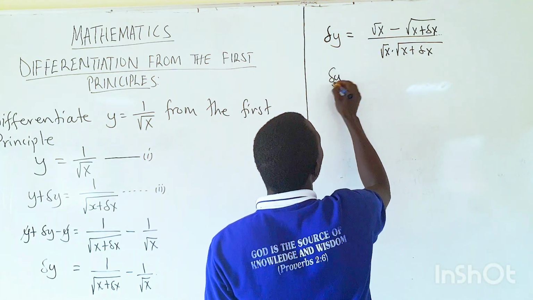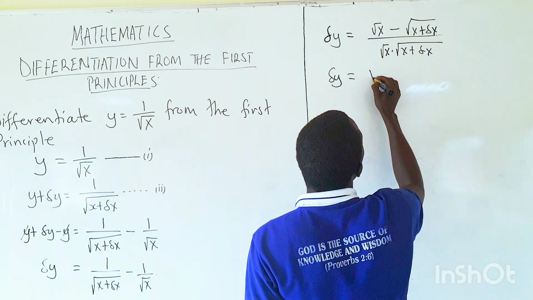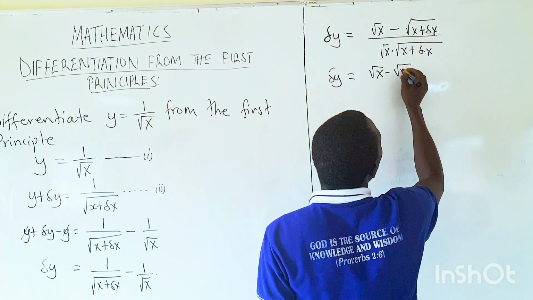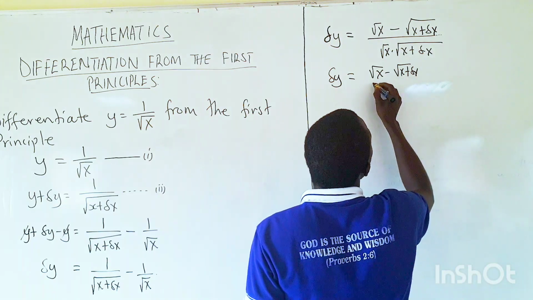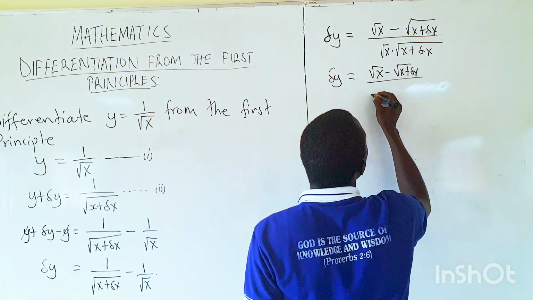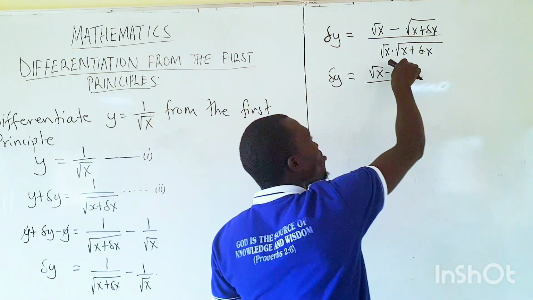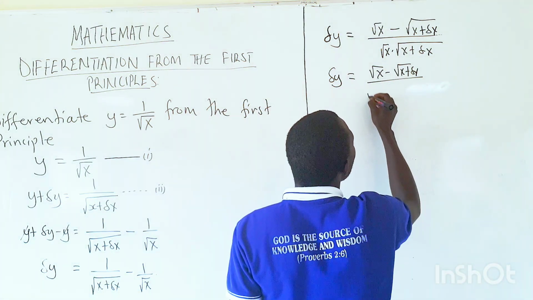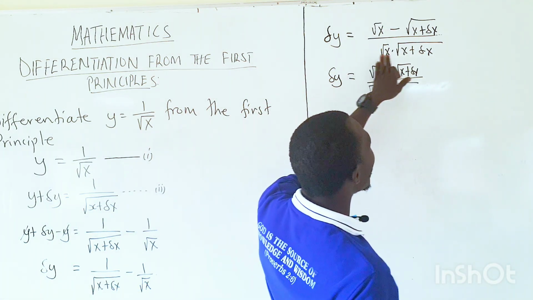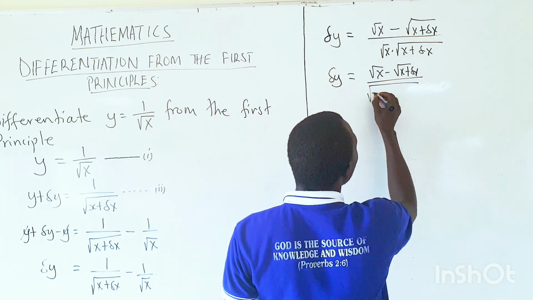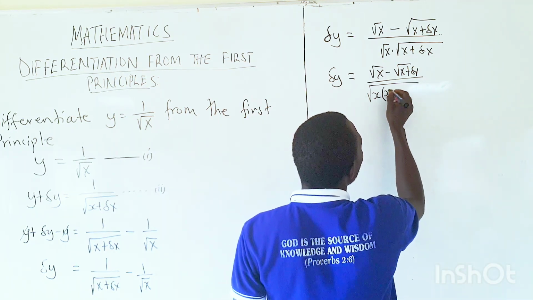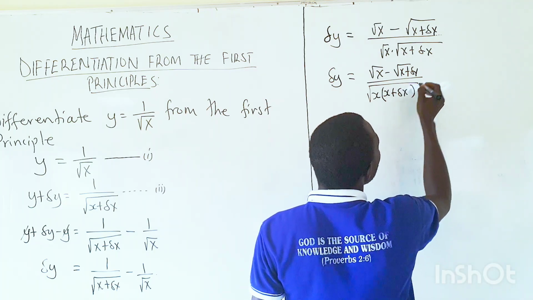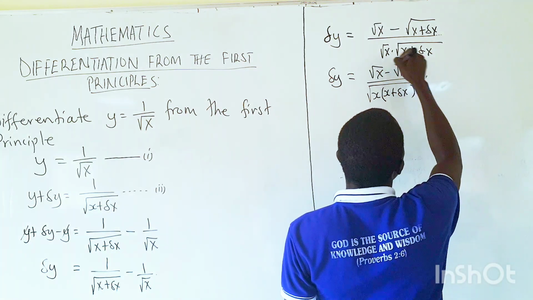So we shall have delta y is equals to root 2x minus root 2x plus delta x over, multiplying this and this, since all of them are under root, we shall have 2x into 2x plus delta x, times the conjugate.